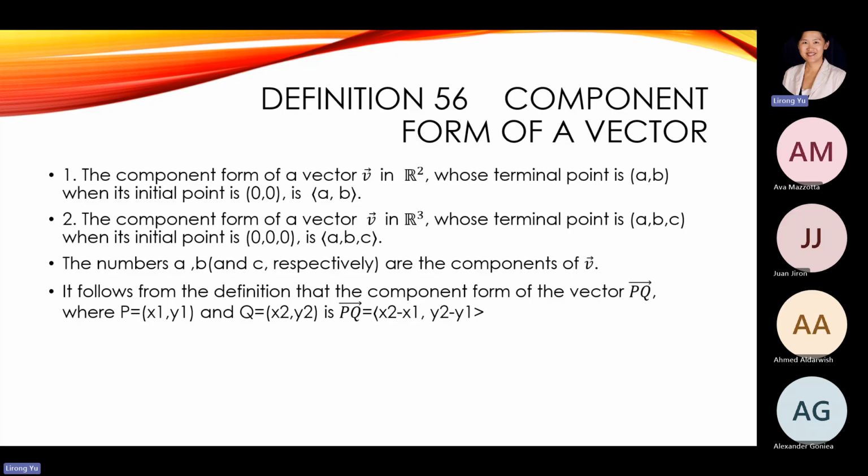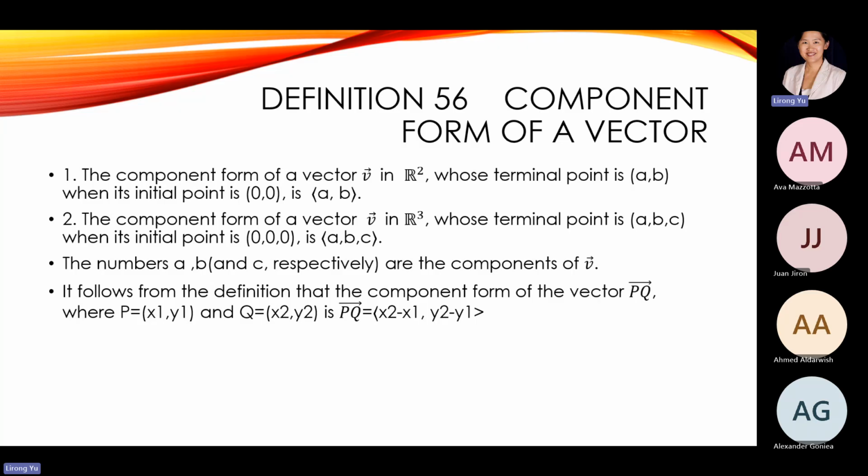The difference between a vector and a point is that a point has no size, no length. A point only represents a location, but a vector has length, direction, and size.